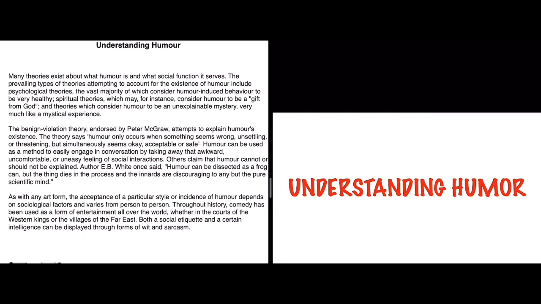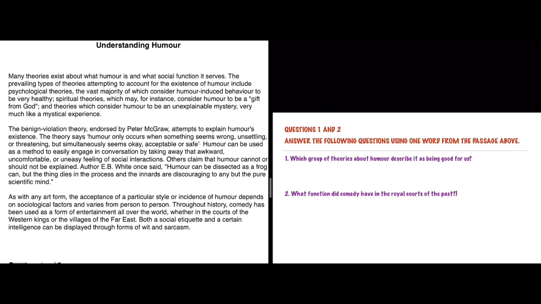The title for today's passage is Understanding Humor. Let's look at sets of questions that correspond to this passage only. Question 1 and 2. Answer the following questions using one word only from the passage.